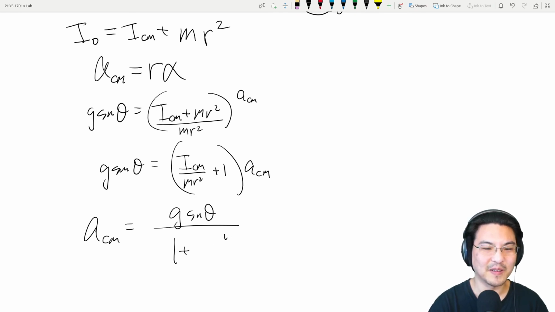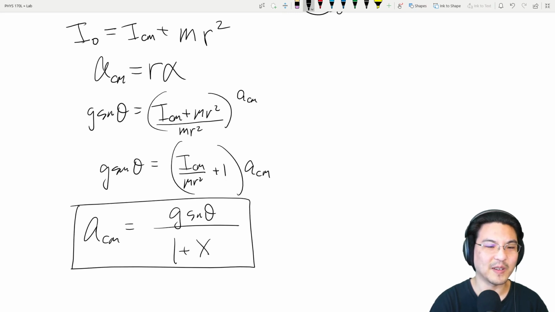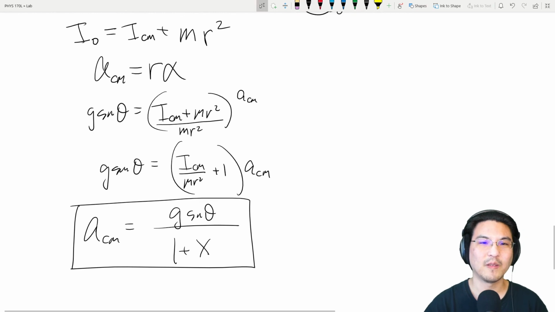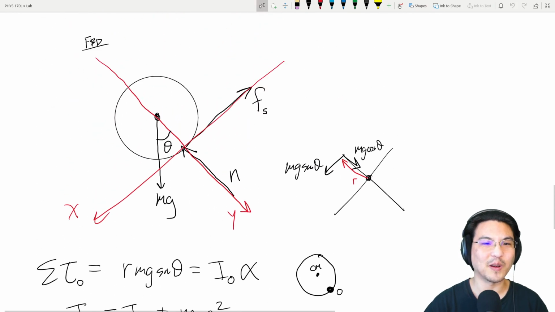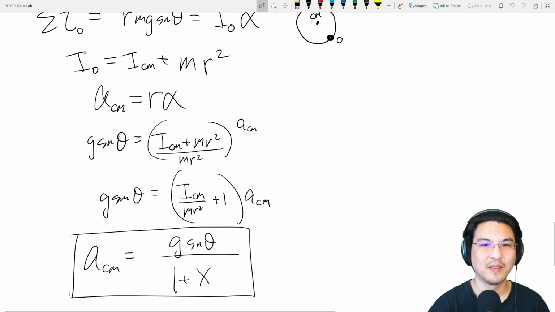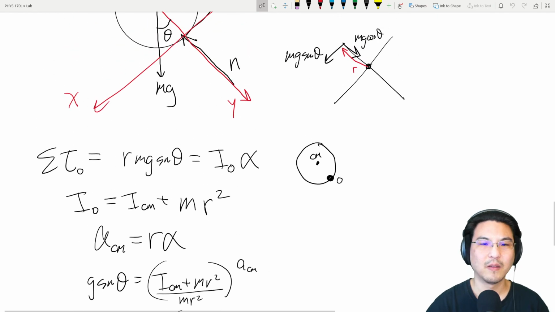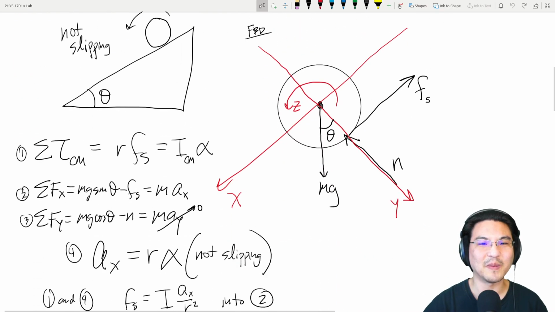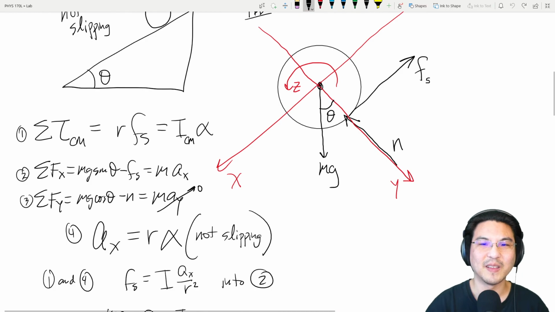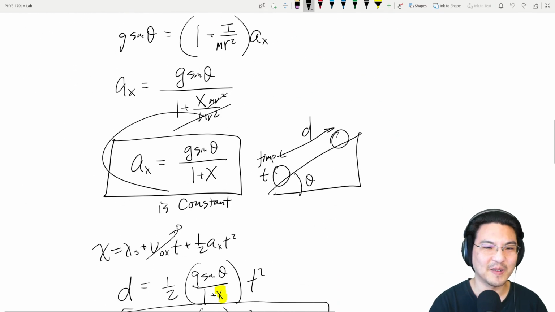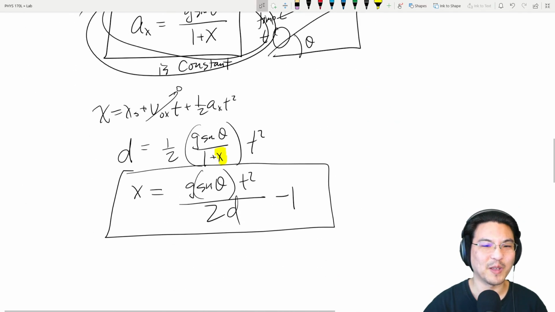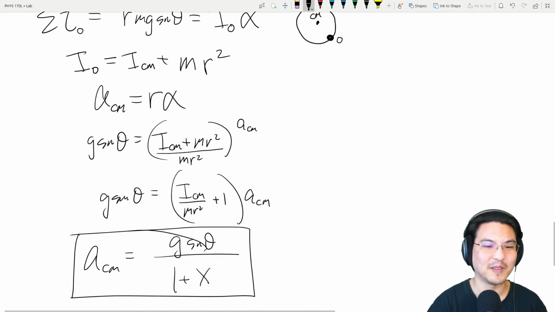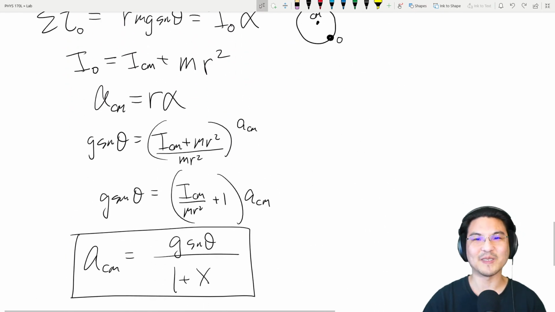So then it just looks like this. Okay, so there's the acceleration of the center of mass. When we sum the torque about over here, as opposed to the last time when we summed the torque about the center of mass, this time we have the exact same answer, which it should be, right? It's the same exact problem.